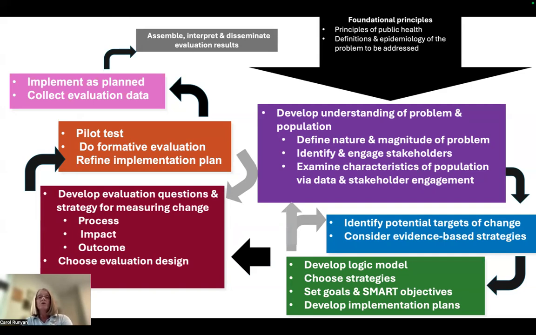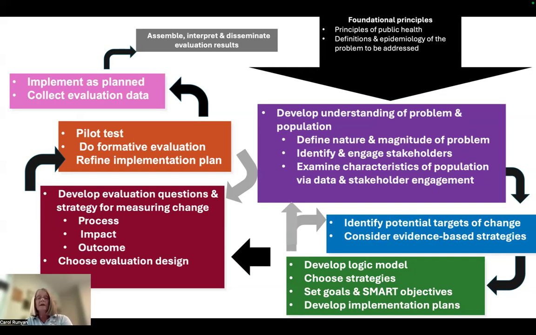From there, we work to identify potential targets of change and consider what evidence-based strategies exist to make that change. Once we do that, we develop a logic model, choose our strategies, set our goals and SMART objectives, and then develop an implementation plan. Now, those steps sometimes need to be repeated and circle back through some of the earlier ones before we get it all nailed down.